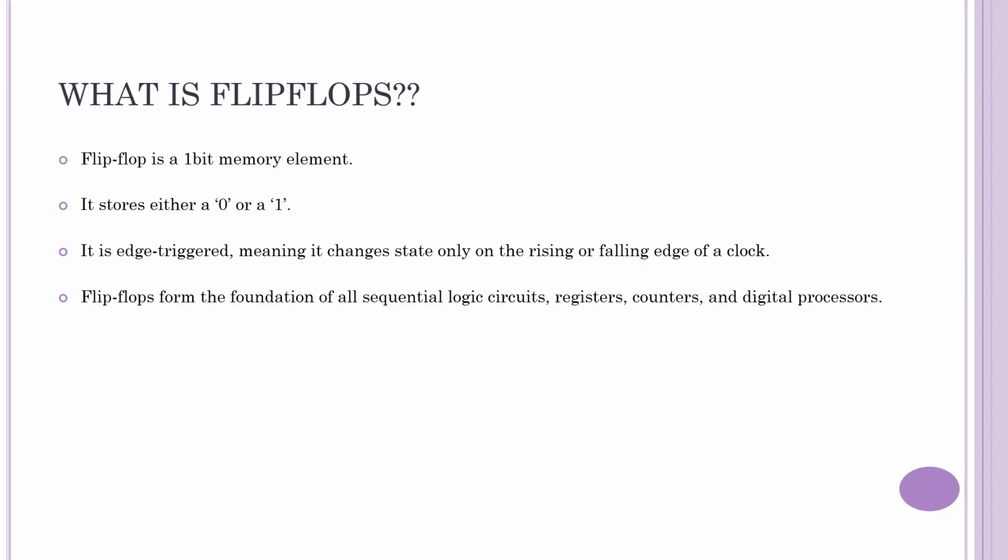You can think of a flip-flop as a tiny memory cell controlled by a clock. It changes state only at a specific clock edge, either rising edge or falling edge, which makes digital systems synchronized and stable. So, if combinational logic is the brain, flip-flops are the memory of the system.